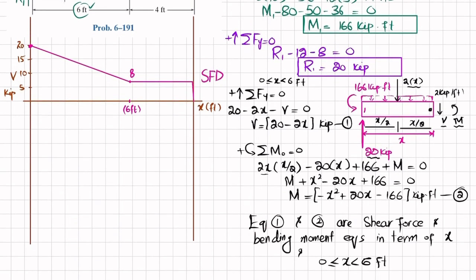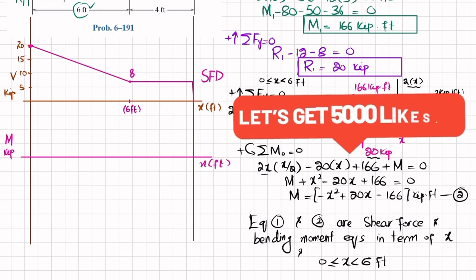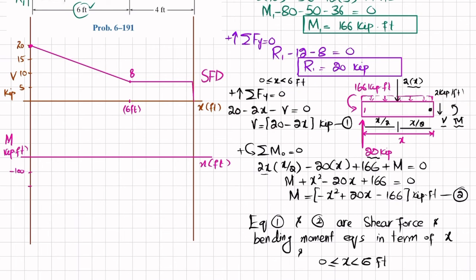Now we'll draw the bending moment diagram. For the bending moment diagram, I take the horizontal line to show the length x in feet, and on the y-axis we will have moment in units of kips into feet. Let one division be 100, so minus 100, minus 150 and minus 200.